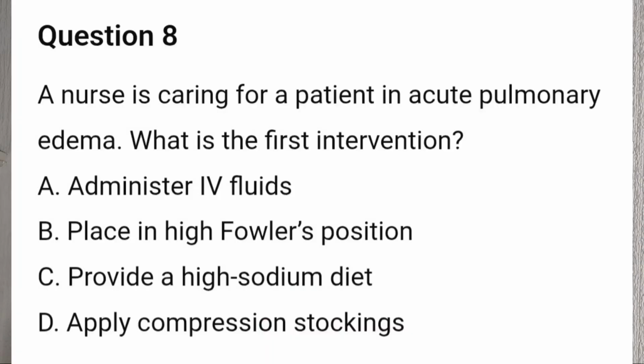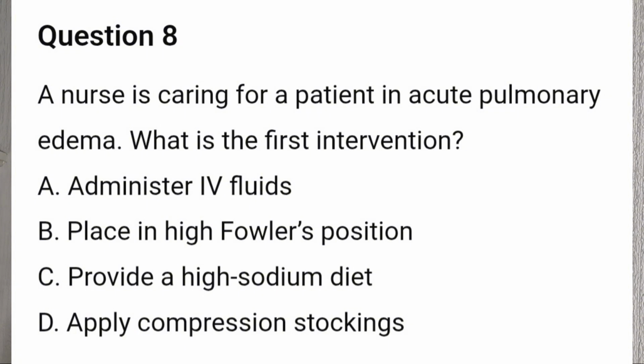C, mild ankle swelling. And D, weight gain of 1 stone in 2 days. And the answer is B. One of the side effects of digoxin toxicity is halo vision. That is something that should be concerning and you should report.